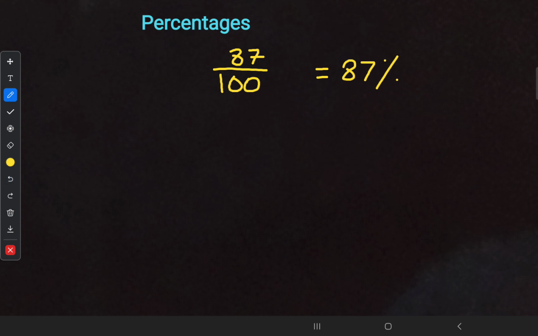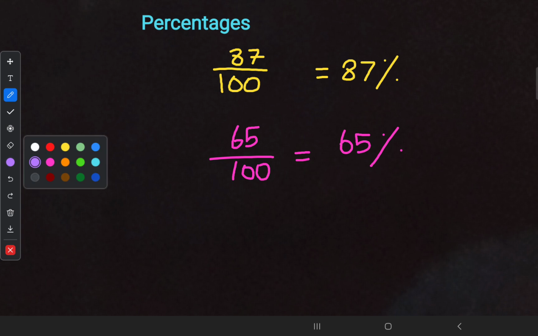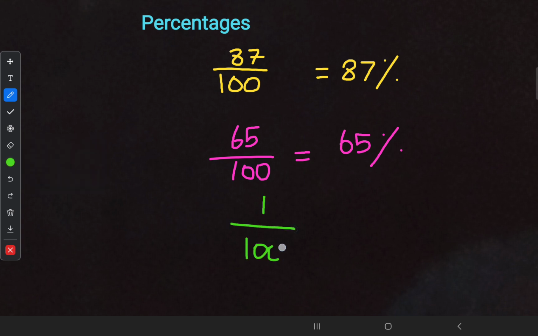So this is the way when there is a fraction. When a fraction is given, how can we convert it into a percentage? For 87 upon 100, this is standardized for 100, so we can express it as 87 percent. 65 upon 100 means 65 percent. 1 upon 100 means 1 percent.